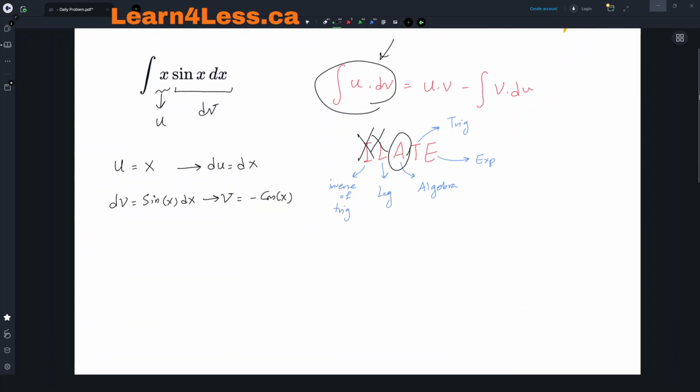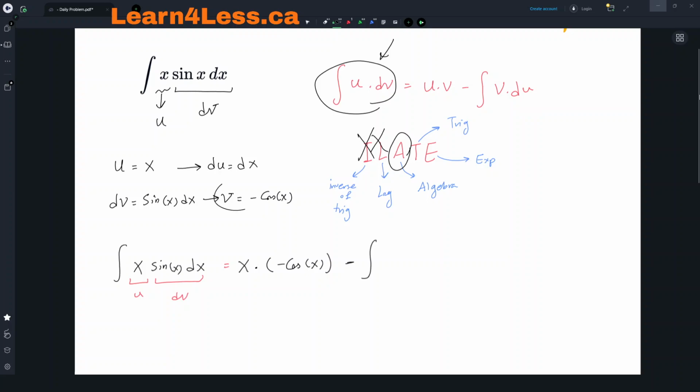Now we can rewrite this equation. The integral of x sine of x dx, which is just u dv, can be written as u times v, which is x times negative cos of x, minus the integral of v times du.